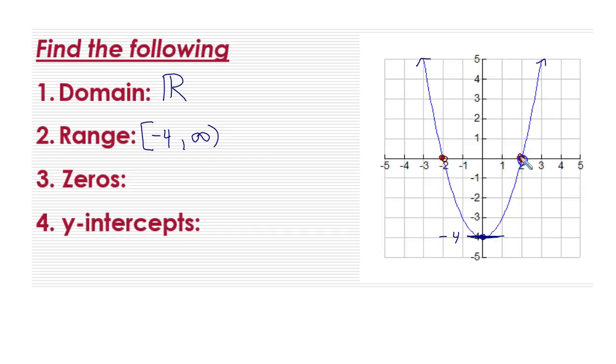And remember, since it's not asking for an x-intercept, we can just list them out and say -2 and +2. We don't have to write it in coordinate form. The y-intercept is at 0, -4 down here, and that is technically supposed to be written as an x, y coordinate.